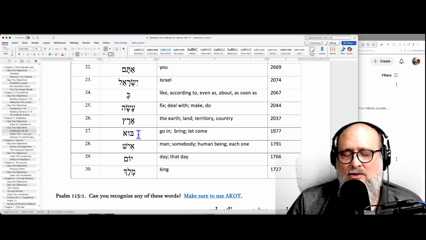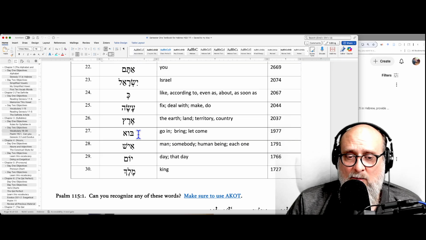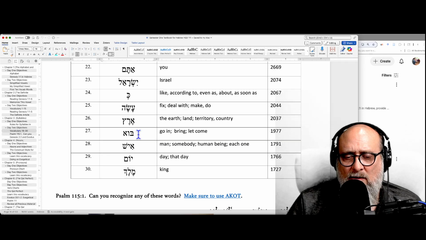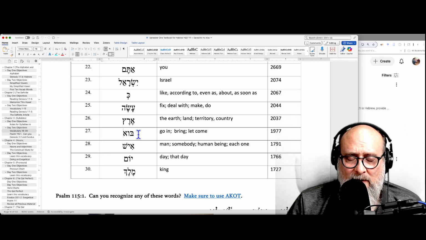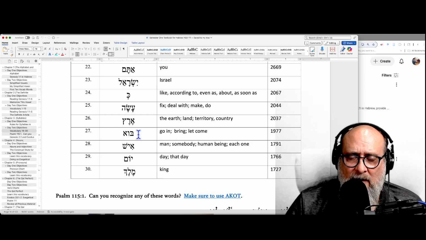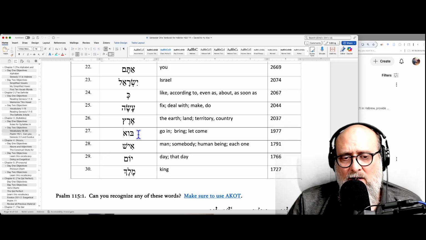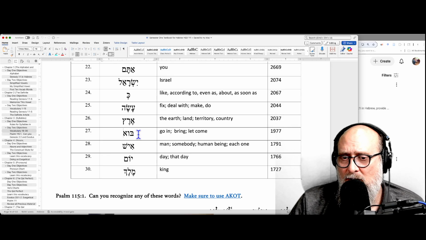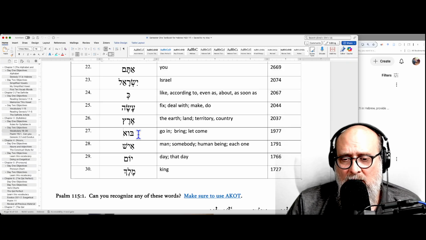Some students have wished that they would. If I had been on top of things, I would have gone and put all the pointing in for all 500 words. I have not been able to do that yet. So whenever you come to a word and it has no vocalization, know that Logos is telling us it's a verb.